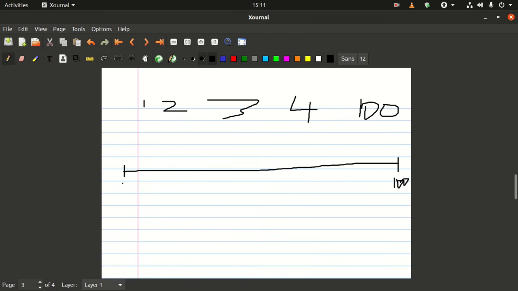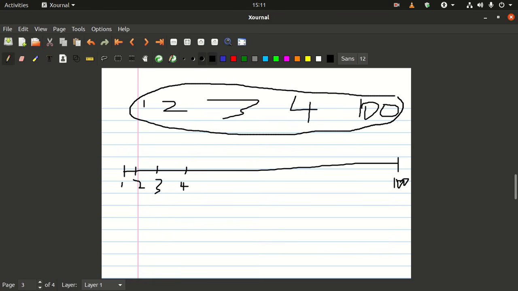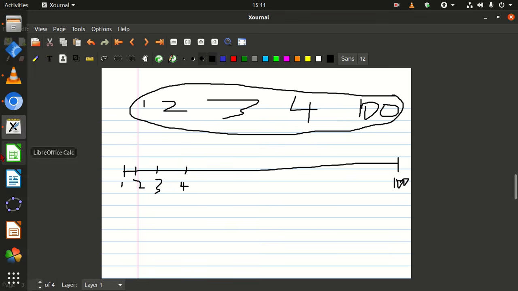And then here I have 1. Of course, here I will have a 2, and then here a 3, here a 4. These are my data points. I'm trying to explain what the mean actually means. Now, suppose that this is a plank.